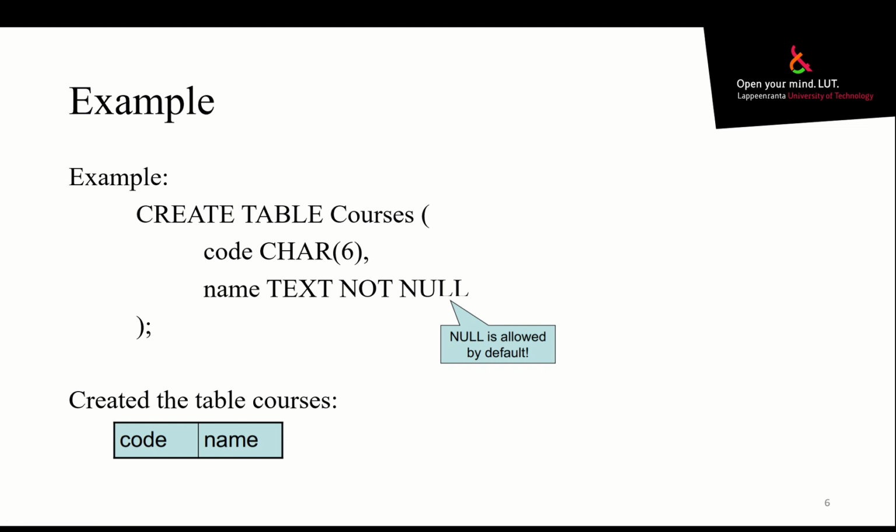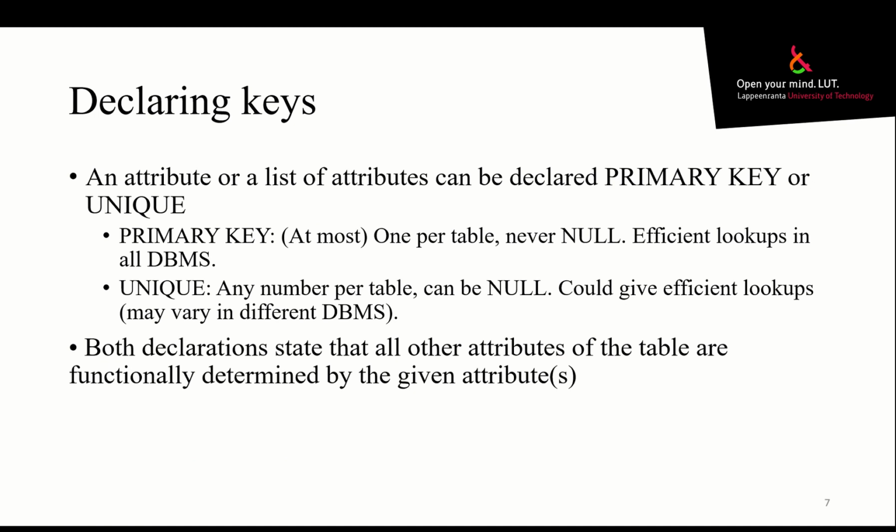Now, declaring keys. We spoke a lot about keys in the past, about how different keys are applicable in a relation and how they impact a relation. Like I told you in the other class, we'll speak more on keys in this lecture.